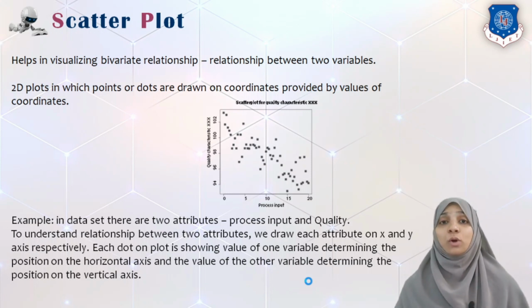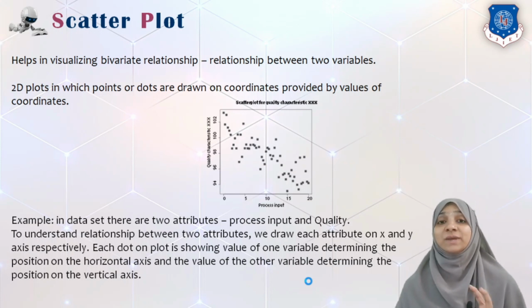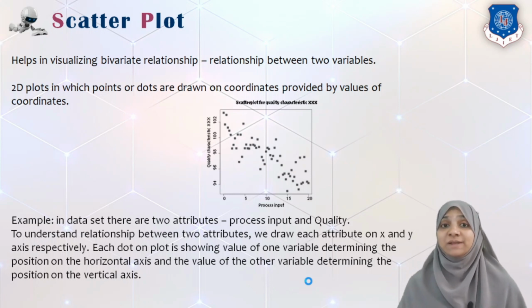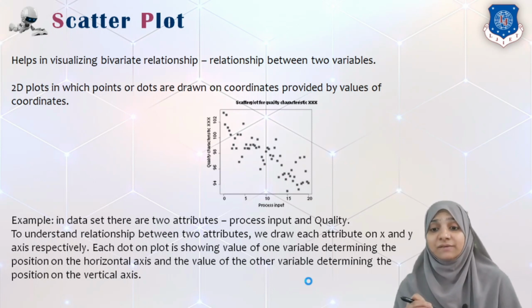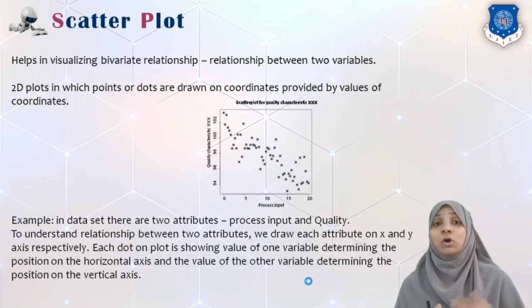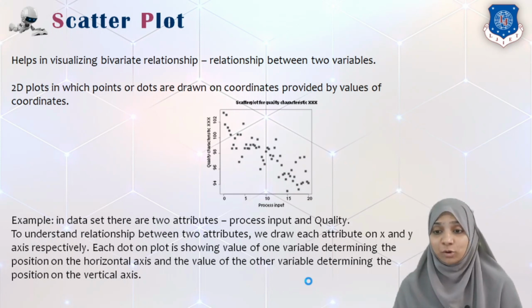That means quantitative attributes are those numerical attributes whose difference between any two values can be found out. To understand the relationship between two variables, that is, by how much changing the value of one variable changes the value of another variable, is found out with the help of a scatter plot.